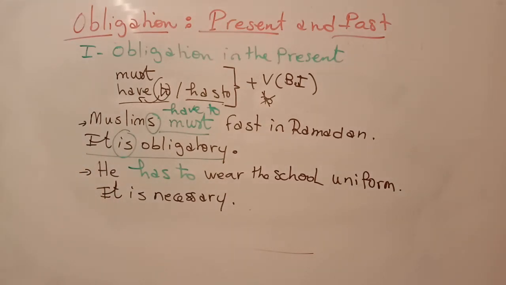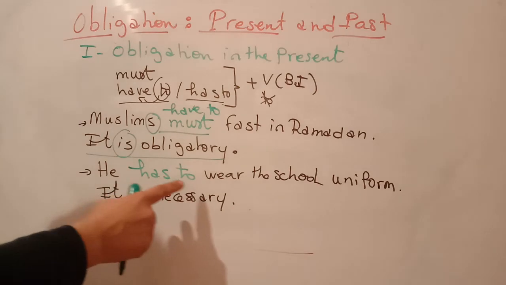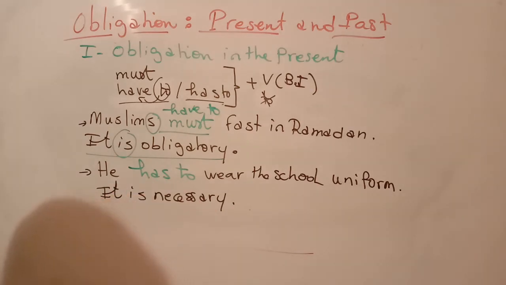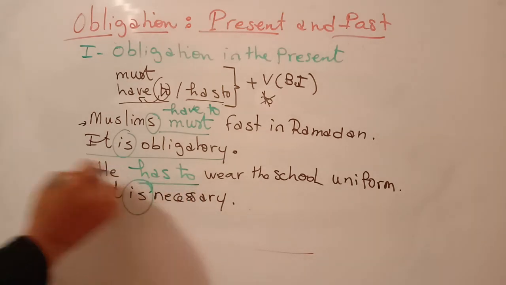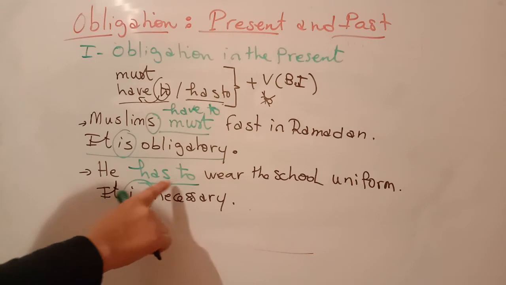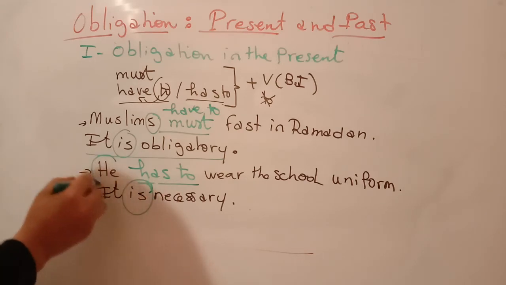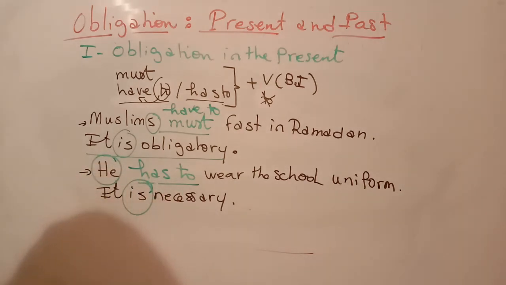Okay? Another example, he has to wear the school uniform. It is necessary. Also here the situation is present. That's why we are using this modal, the modal have to. Here it's has to because we have this subject pronoun he. He has to wear the school uniform.